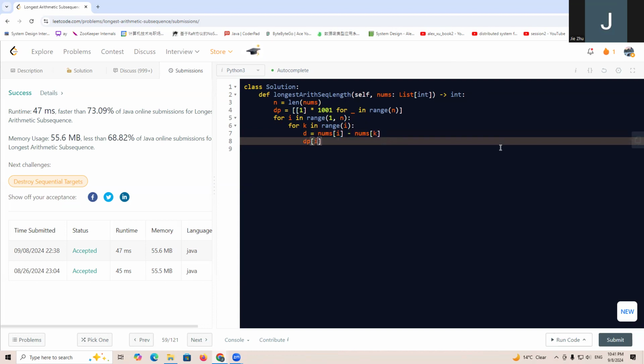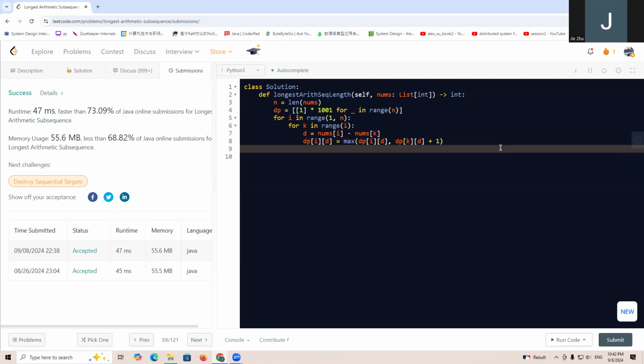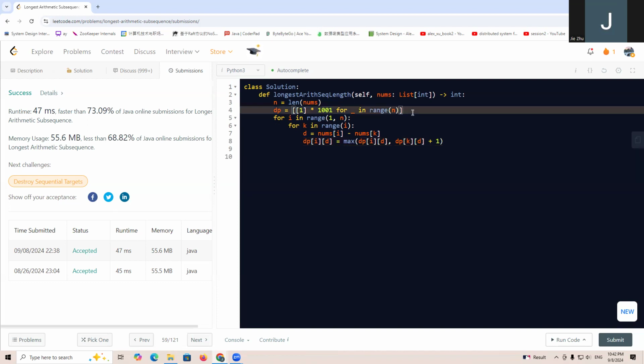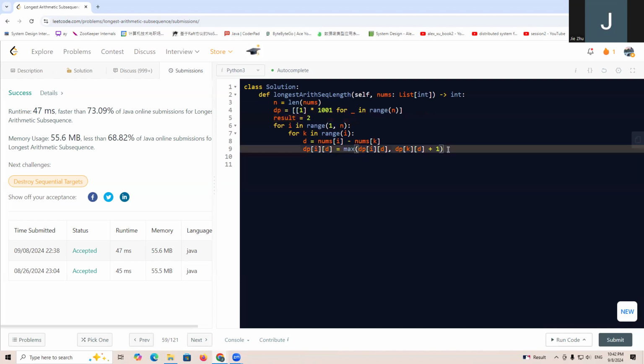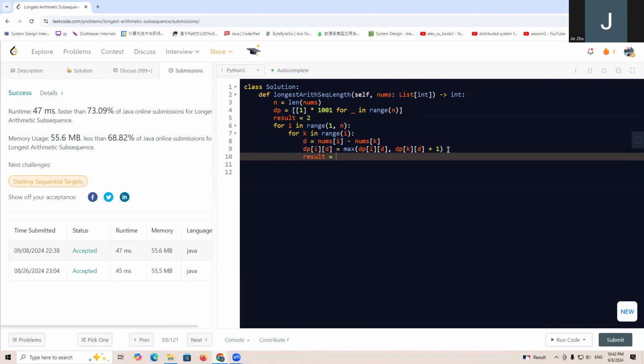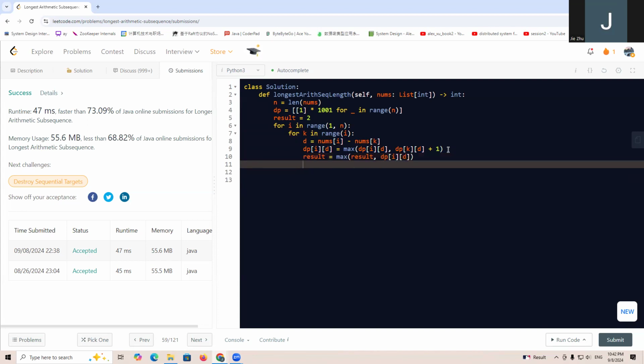And we'll have dp[i][d] equals max of dp[i][d] and dp[k][d] plus 1. For the result, the initial value is set as 2. Result equals max of result and dp[i][d]. In the end, we just return result.